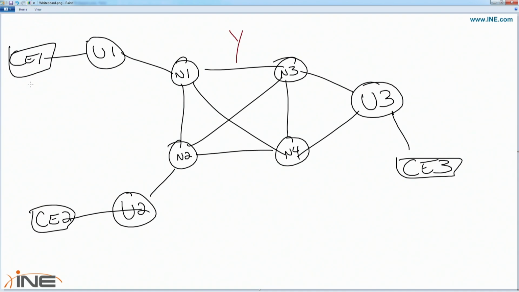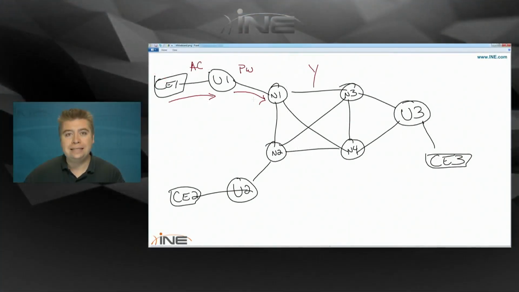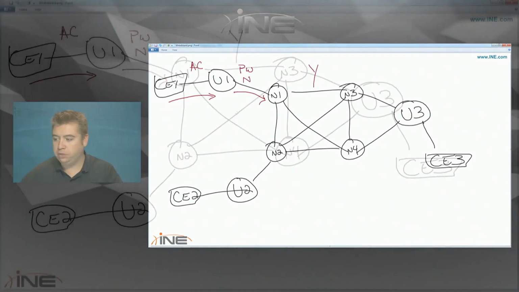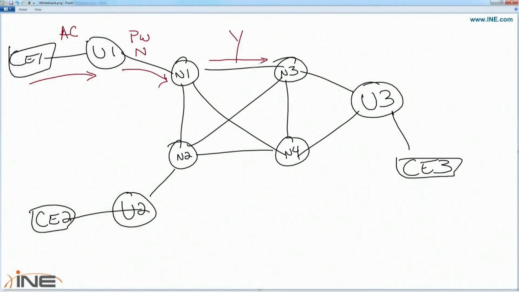Broadcast comes in from customer edge 1, it goes to user PE1. This guy says, yes, it can come in the attachment circuit, it can go out the pseudo wire. So it goes to N1. N1 is going to say, yes, since it's coming in from the user PE, and split horizon was disabled, so no split horizon there, it means that we can send it to the other network-facing PEs. Okay, so now the frame gets flooded this way, and this way.